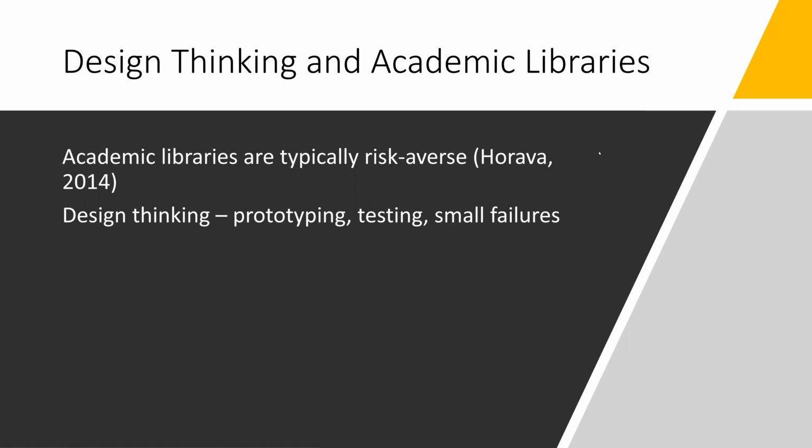But what design thinking can allow is prototyping. So perhaps that's something a little bit safer. There's not as much financial issues involved. It also allows for some testing so that you're getting feedback, you're improving something, and also allows for small failures. So if there is a failure, it's not something that is going to stop everything. It's a small failure that you can manage. In that way, I think it can work really well in academic libraries.